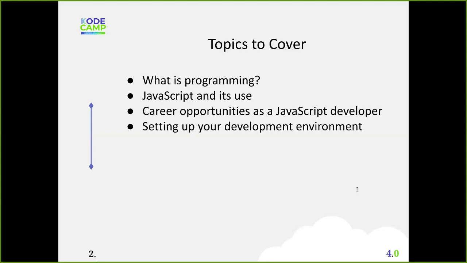So what's JavaScript? JavaScript is a programming language that has been used over the years. Let's go through a little bit of the history of JavaScript. JavaScript is also called ECMAScript. Before about 2010 or 2012, JavaScript was only executed on the browsers.